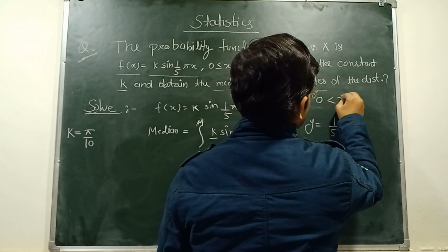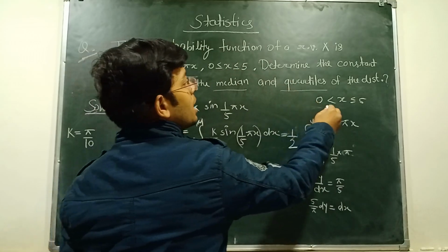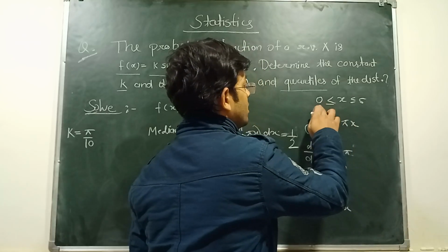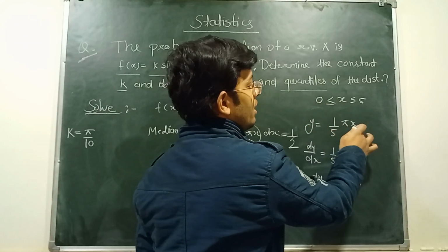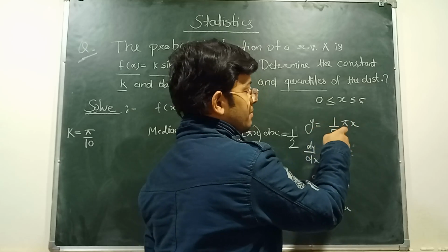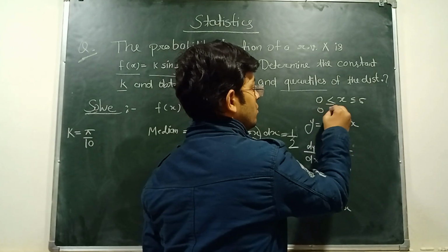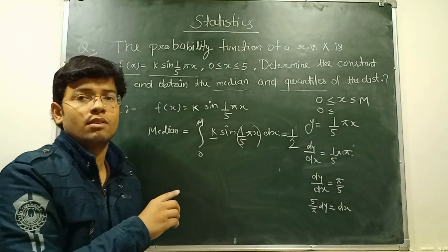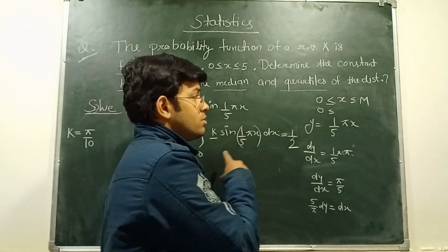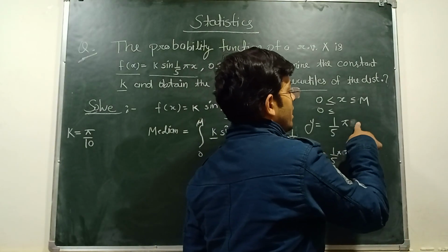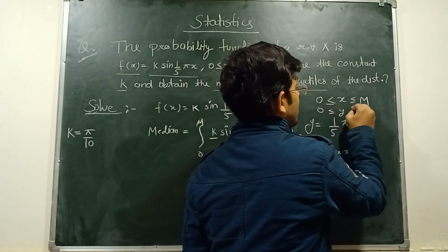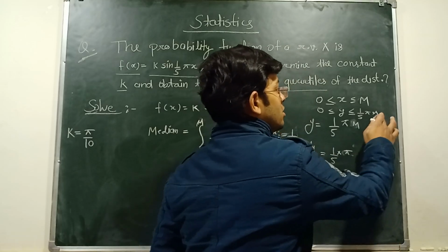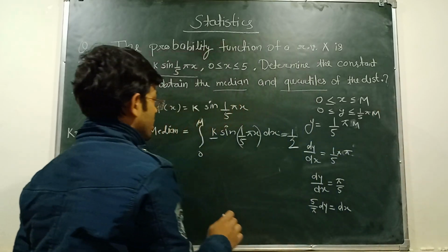Suppose in the case of x, we have given the limits 0 to pi. Now we put the value of x as 0, so we get value 0, and we put the value of m in the place of x. So the second limit will be 1 upon 5 pi m. So this is the second limit of our integral.